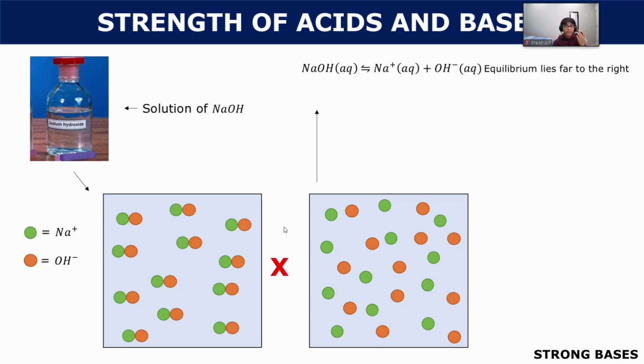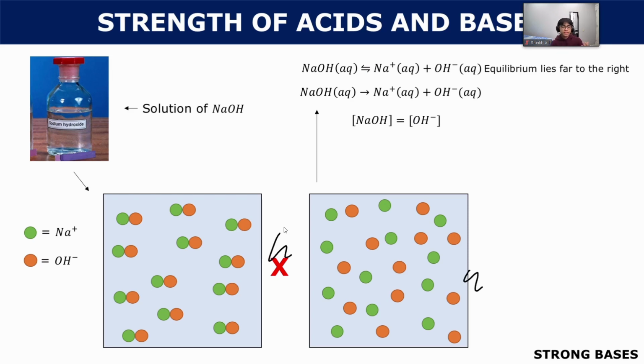If you write out the reaction, NaOH dissociates into Na plus and OH minus, and again, equilibrium is going to lie to the right. We can write that reaction as a forward reaction, because all the molecules here are going to dissociate into this. So the concentration of NaOH is going to be the same as the concentration of the OH minus ions.